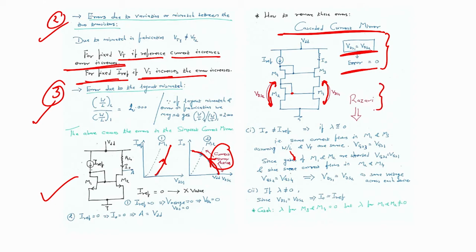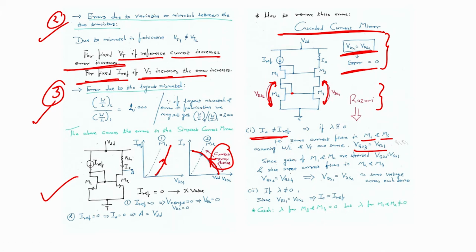One is Razavi, where he proposes that if lambda equals 0, let us consider this particular condition. IO is not equal to I reference because if lambda equals 0, the same current flows in M1 and M3, assuming W by L and VT are the same, VGS3 equals VGS1, correct.